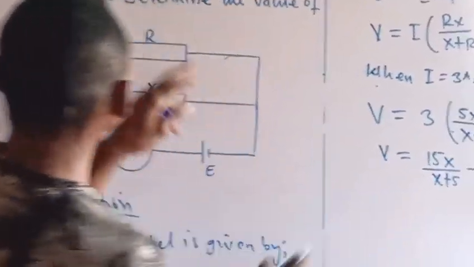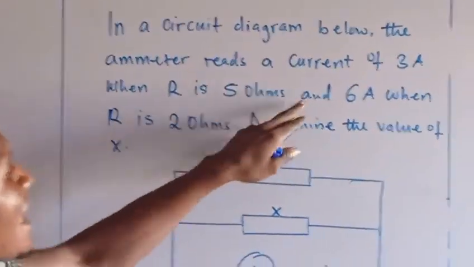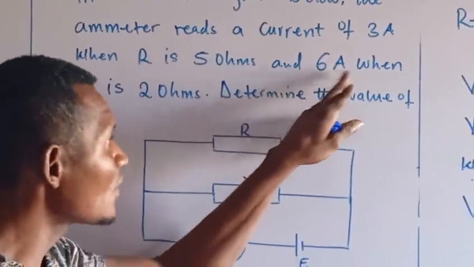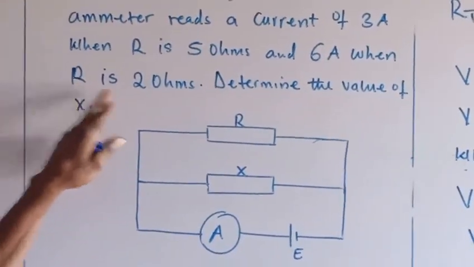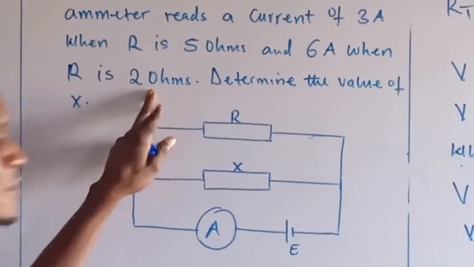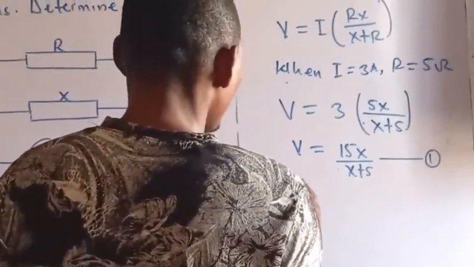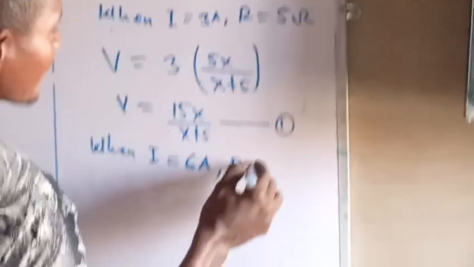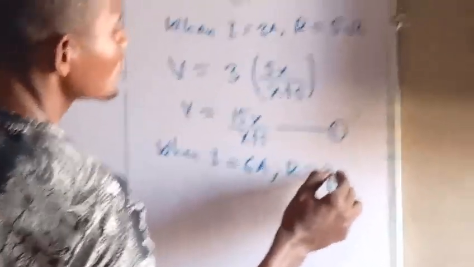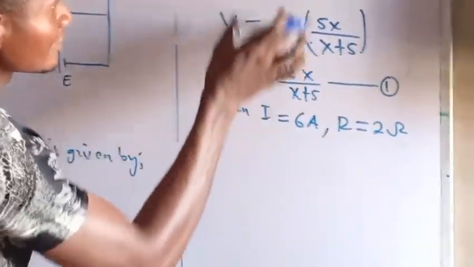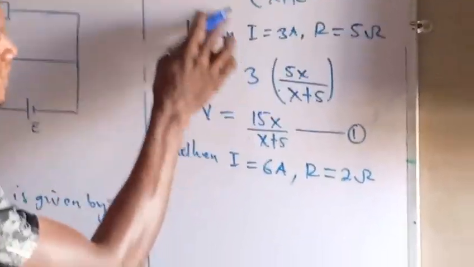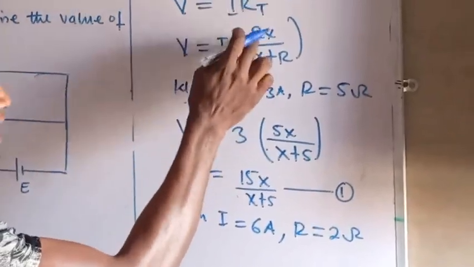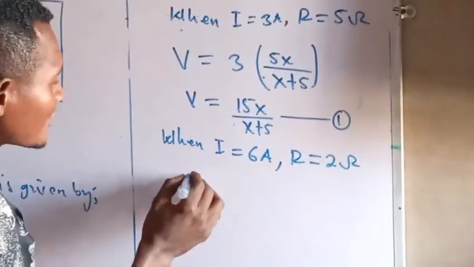Then equation 2. The question further says that and 6 ampere when R is 2 ohms. So we have when I is equal to 6 ampere, then R is equal to 2 ohm. So using the same equation here, we will substitute in the value of I and R for the second time.